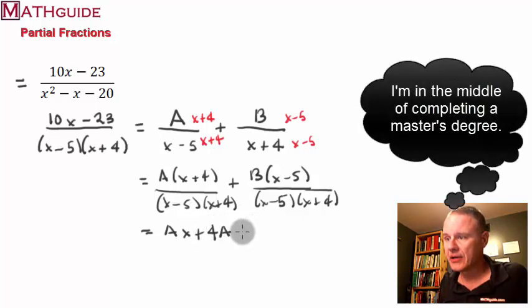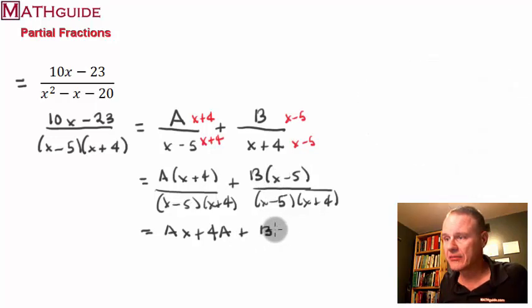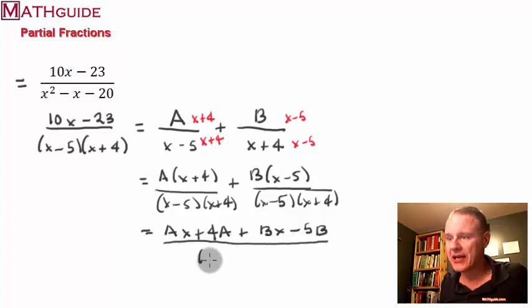Okay, haven't made a video in a while, so I'm a little choppy here. So I'm going to get b times x, bx, negative 5 times b is negative 5b. And I'm going to have this all over the common denominator. Maybe I should write it. Okay, so here's my common denominator.